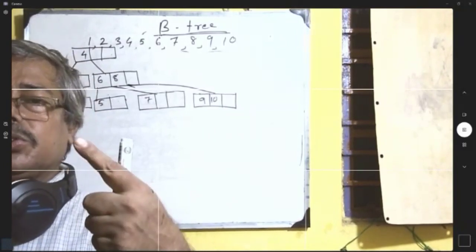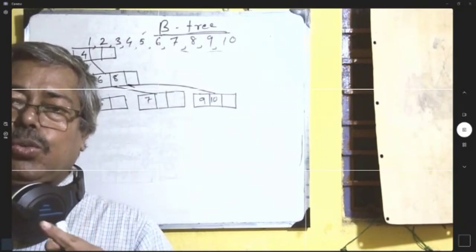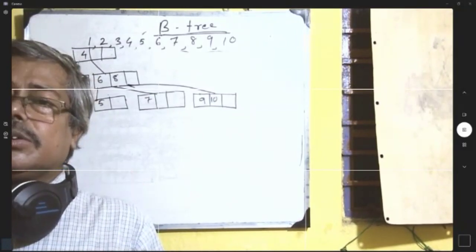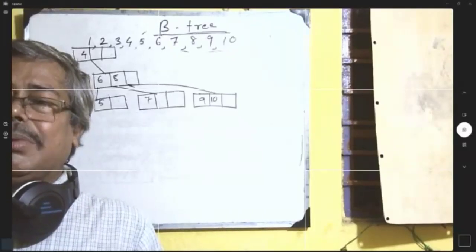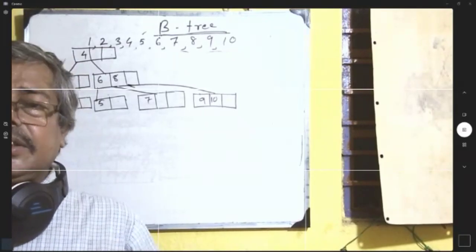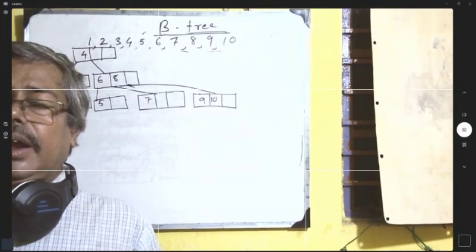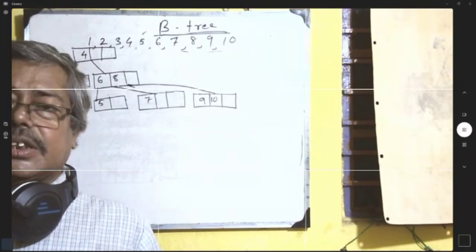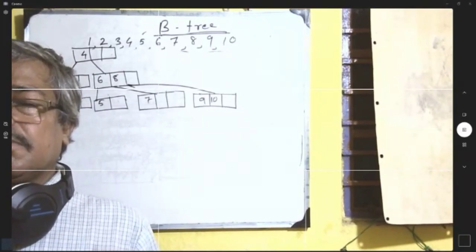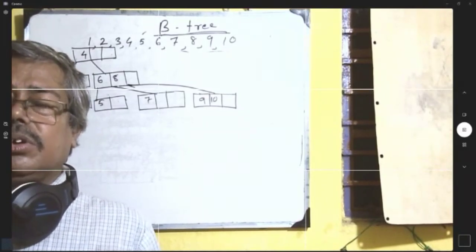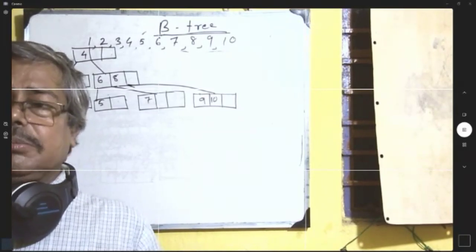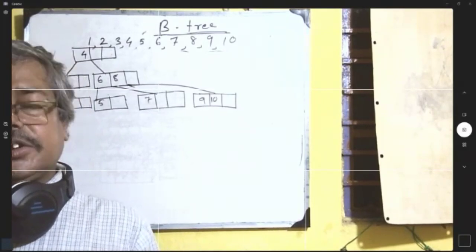The movement is not horizontal but vertical, increasing the height vertically. In this way the indexing is done, and it is called automatic indexing because the arranging is done automatically. The length is short but the children are more, so the height is minimized. With minimum height, the searching time will be less.